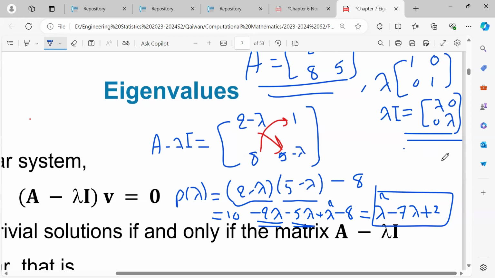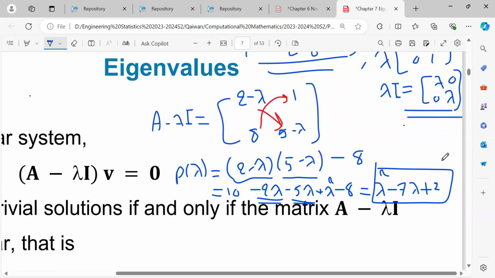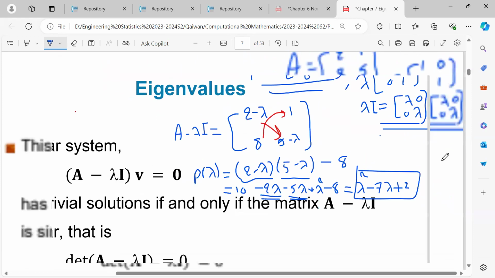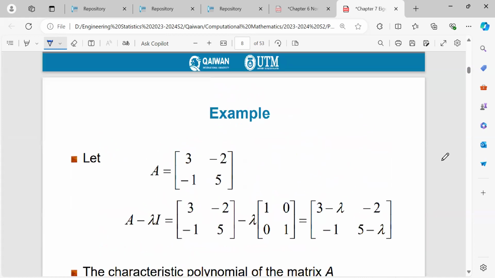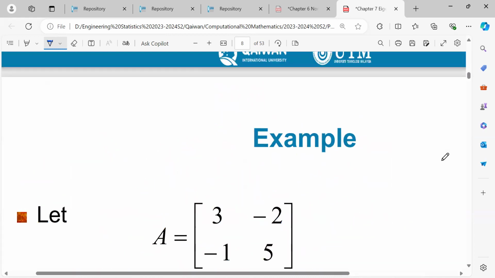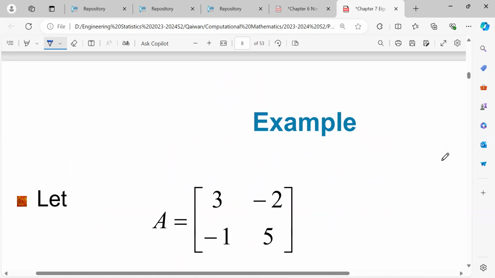Okay? This is how to compute the eigenvalues for a 3x3, 4x4 matrix. It's the same procedure for any size of matrix. Here we have another example. It says, find the eigenvalues for this matrix.